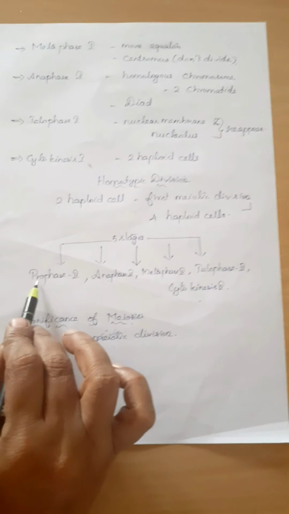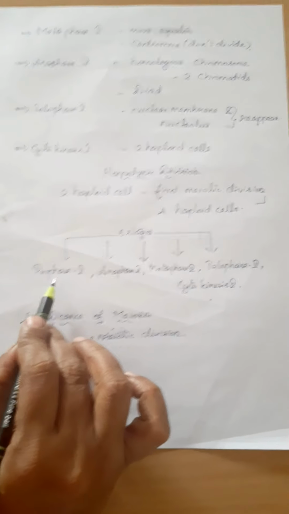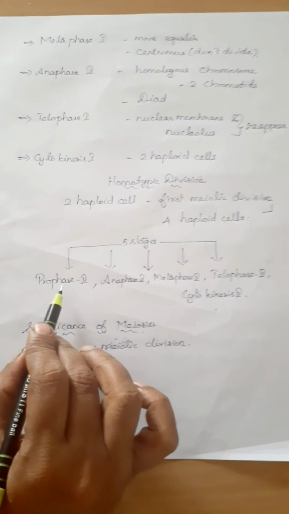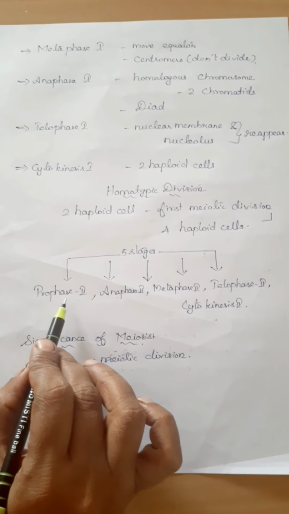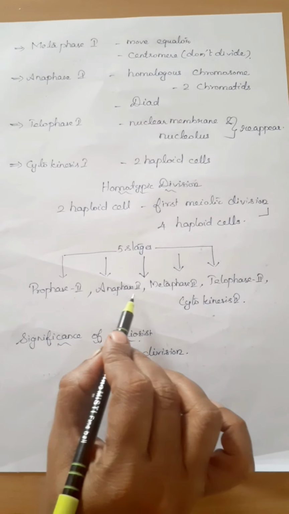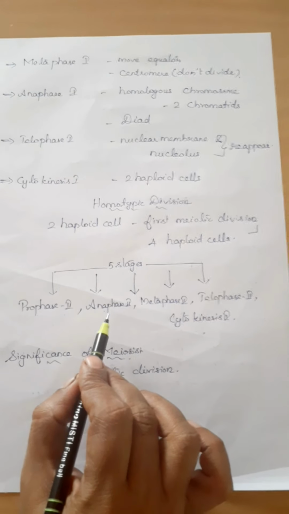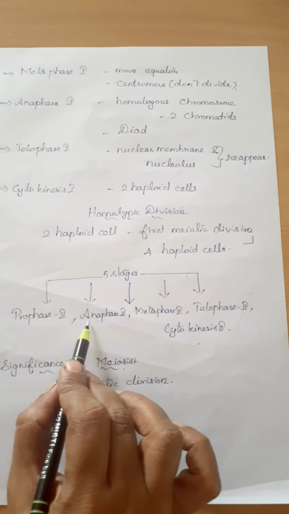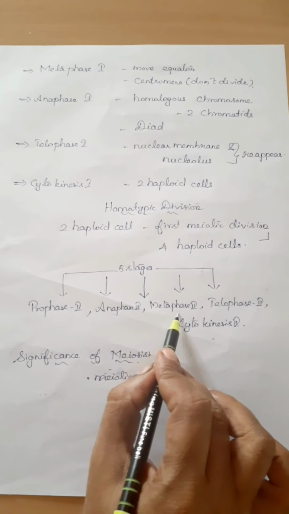We are going to study prophase 2. Here the centrioles divide into 2. Spindle fibers appear and the nuclear membrane and nucleolus disappear. Next one is anaphase 2. Here the daughter chromosomes move to the opposite pole. Next one is metaphase.